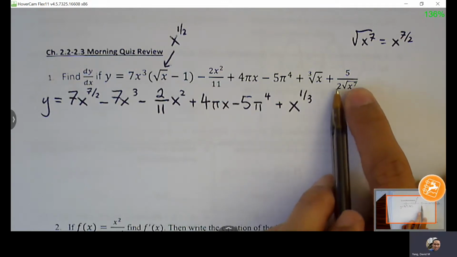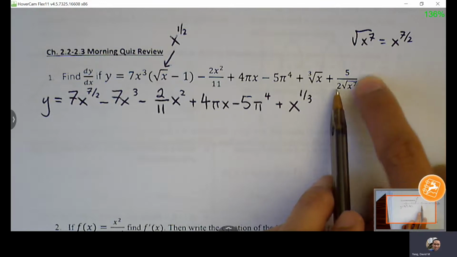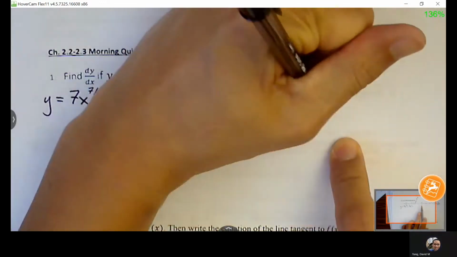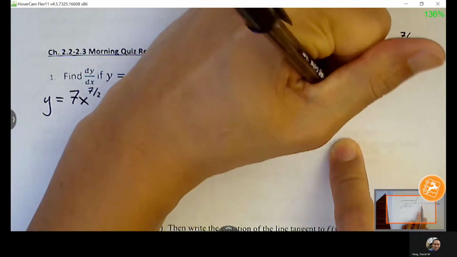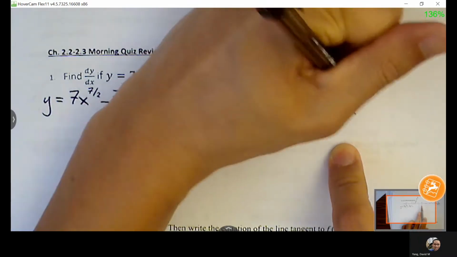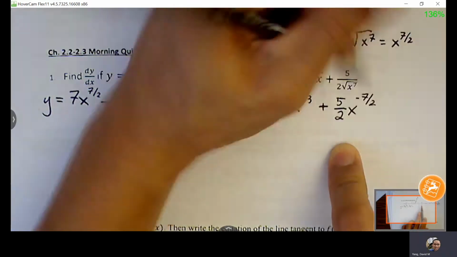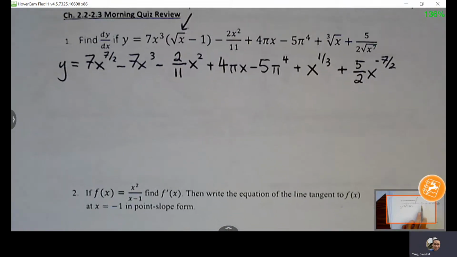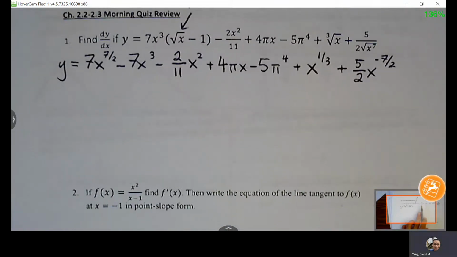Does that make any sense? So I'm going to bring the x to the 7/2 up, but the 2 is going to stay in the denominator. Okay. So this is all part of the cleanup process here. Okay, any questions so far?